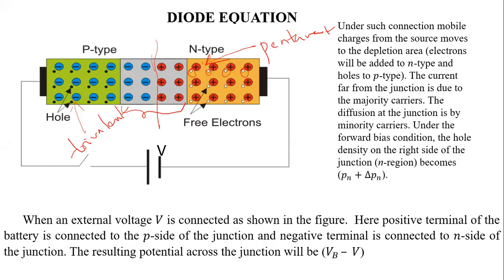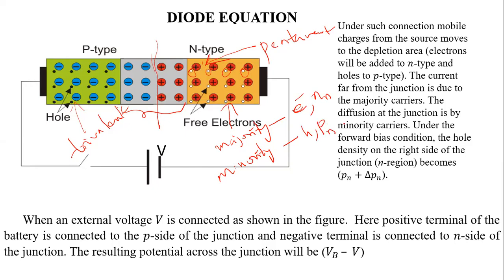The majority charge carriers in the n side, like we discussed before, are electrons, and the majority carrier concentration in the n side we denote as Nn. Due to thermal energy there are also minority holes. The minority charge carriers are holes, and the concentration is given by Pn.